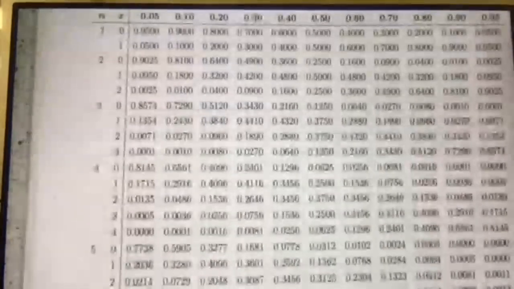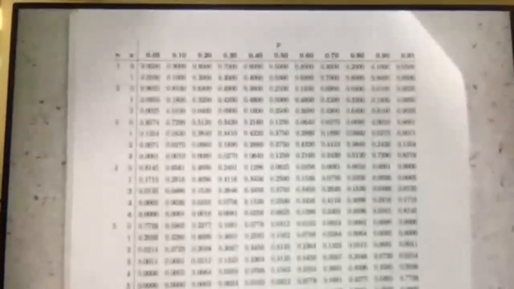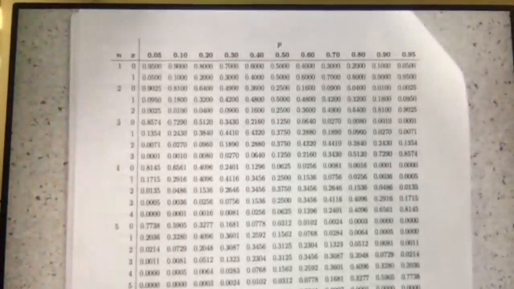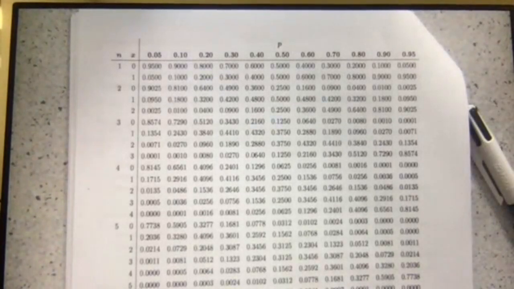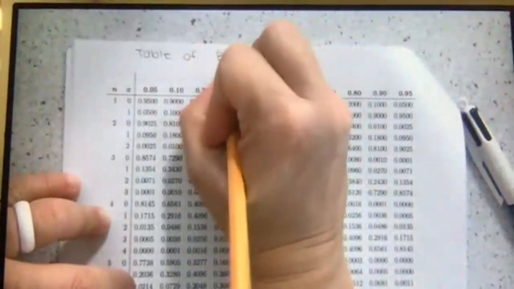This is how you did it before we had calculators. So this is totally another option, and it's kind of personal preference. Sometimes I do problems this way, sometimes I do it with a calculator. It's totally up to you. This is what's called a table of binomial probabilities.